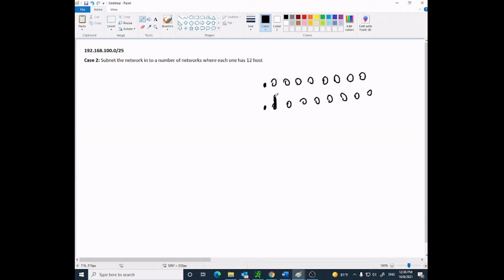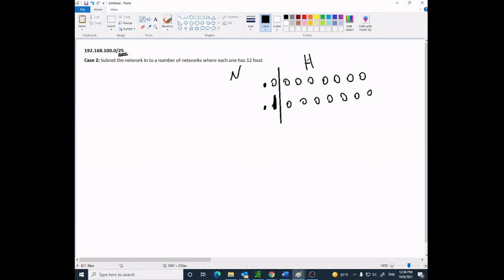Now this one is coming from the fact that this is 25. And this is here 255, 255, 255. You flip them all to binary, you're going to get 8 ones, 8 ones, and 8 ones, and that's all 24, and then you add 1 to it, so you get the 25 here. So this is, again, my line here that separates the network portion from the host portion.